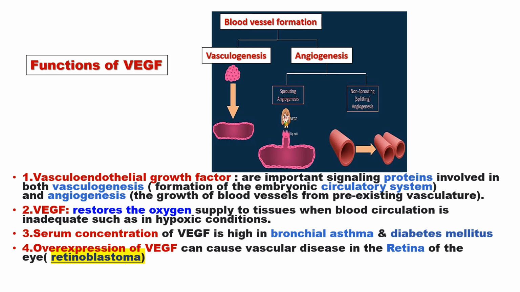The serum concentration of vascular endothelial growth factor is usually high in bronchial asthma and diabetes mellitus. Overexpression of vascular endothelial growth factor can cause vascular diseases in the retina of the eye, for example, retinoblastoma.